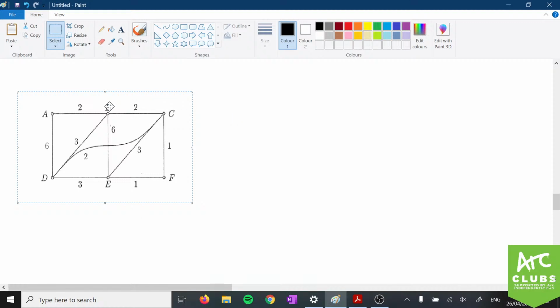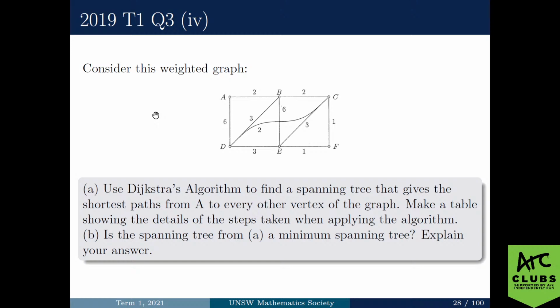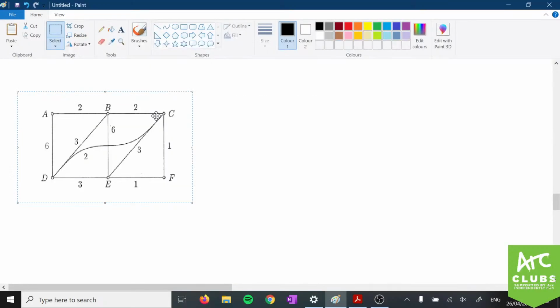To use Dijkstra's algorithm, we have to start from the vertex that we're told to start from, which is A. So we're starting from here.